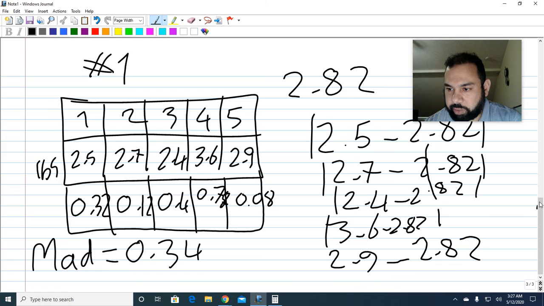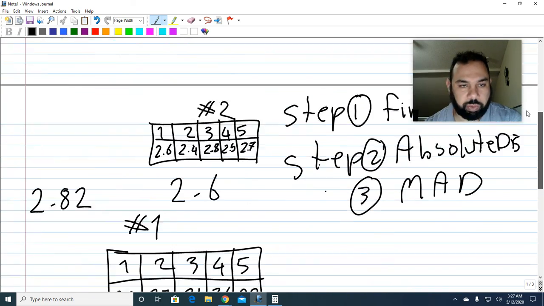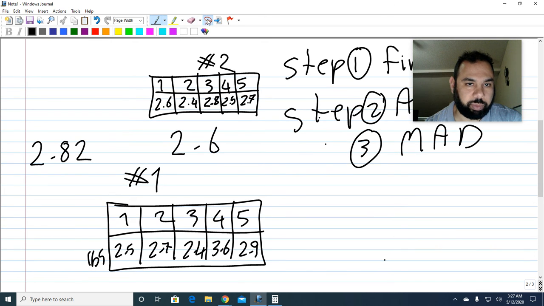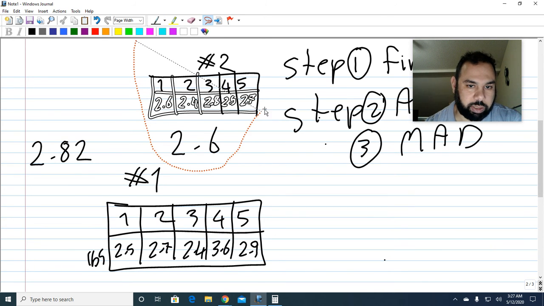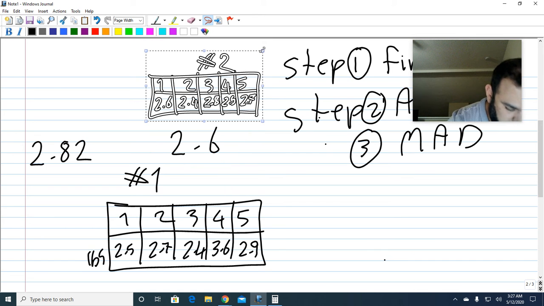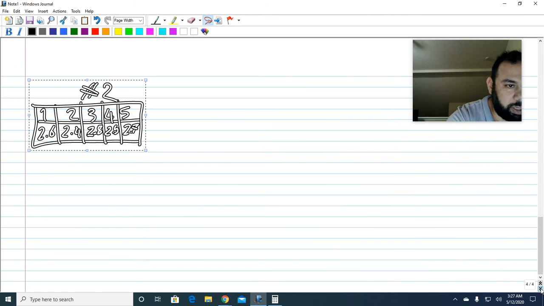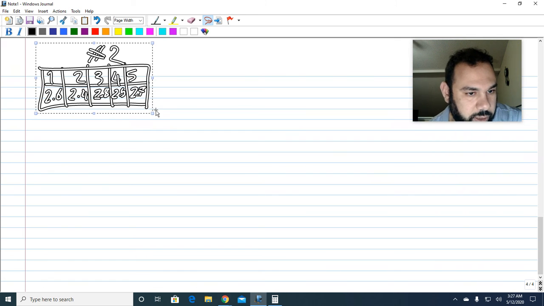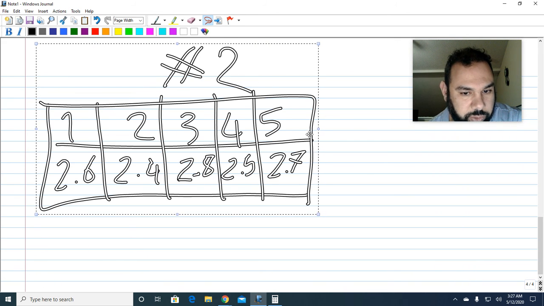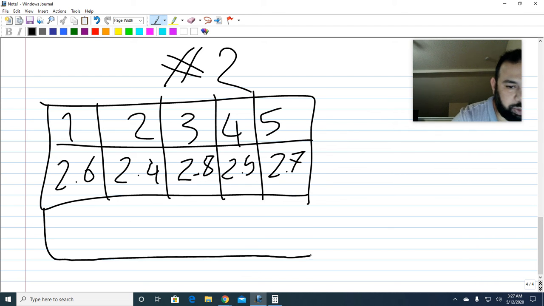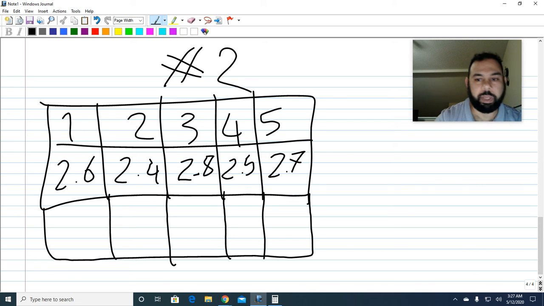Let's see the math for food number 2. We have an average of 2.6. Let's put it up here and enlarge it as much as we can. I'm going to add a column here which will have the distances.